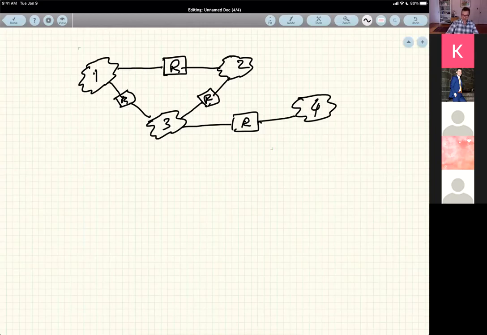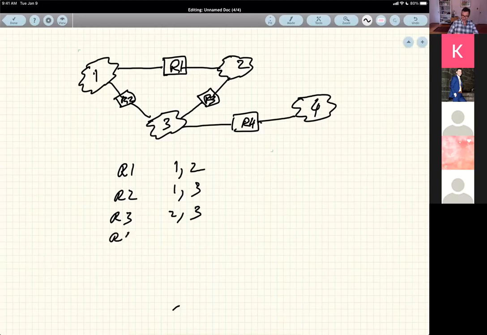Okay, so router 1, router 2, router 3, and router 4. So router 1 can reach networks 1 and 2 directly. Router 2 can reach networks 1 and 3. Router 3 can reach networks 2 and 3. And router 4 can reach 3 and 4.